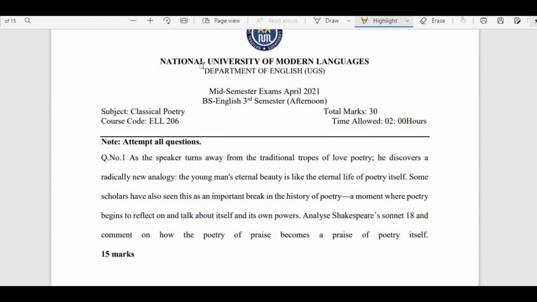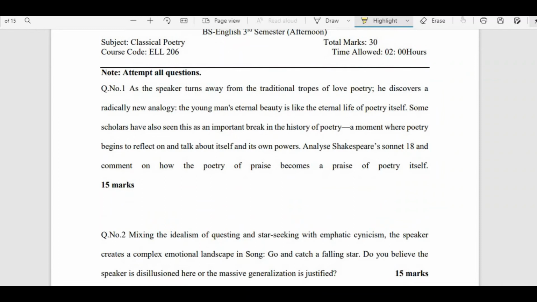And now we'll discuss classical poetry. Question number 1, as the speaker turns away from the traditional tropes of love poetry, he discovers a radically new analogy: the young man's eternal beauty is like the eternal life of poetry itself.